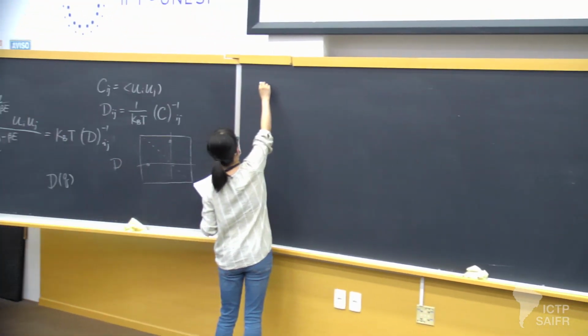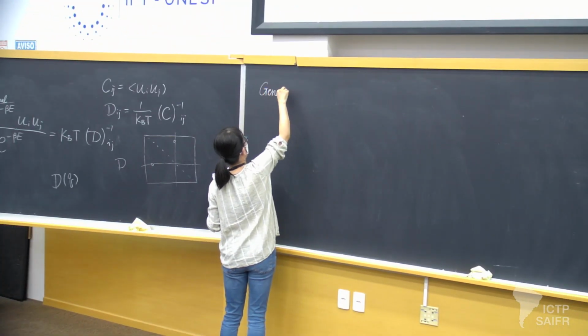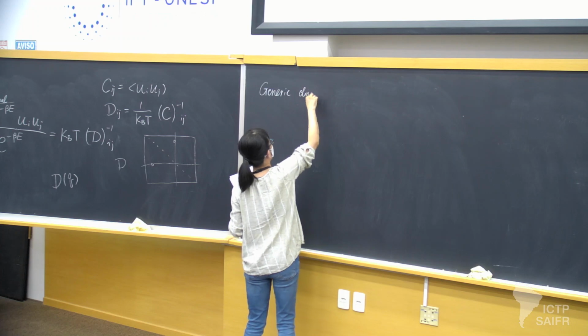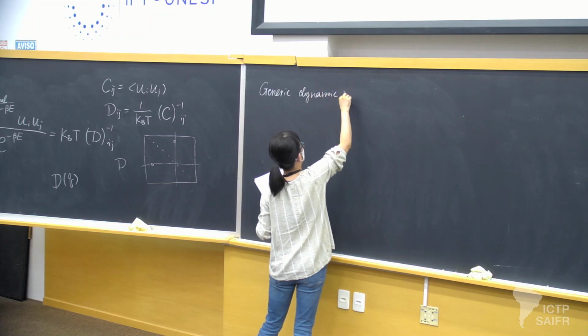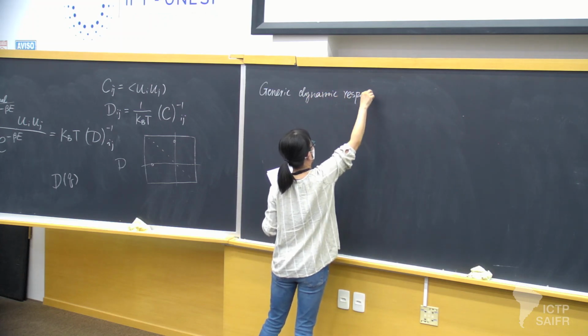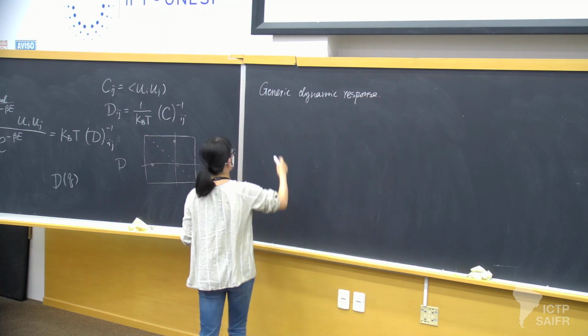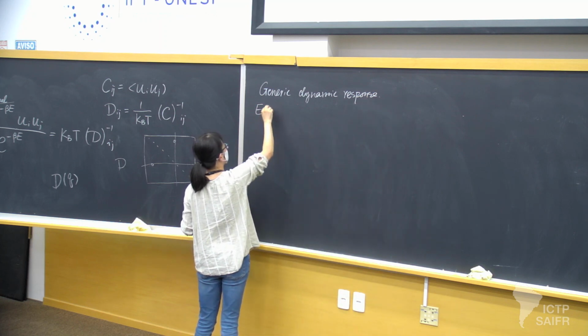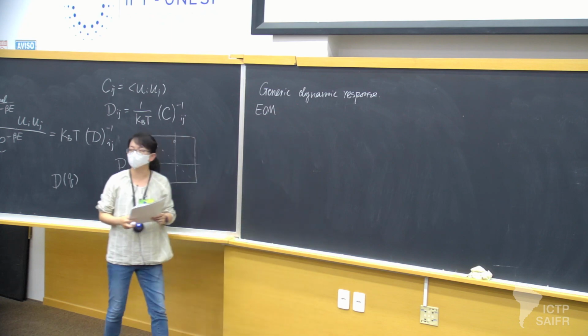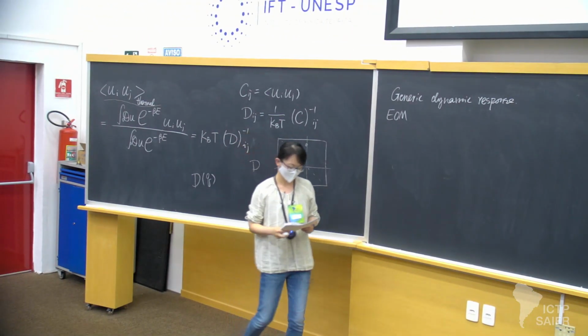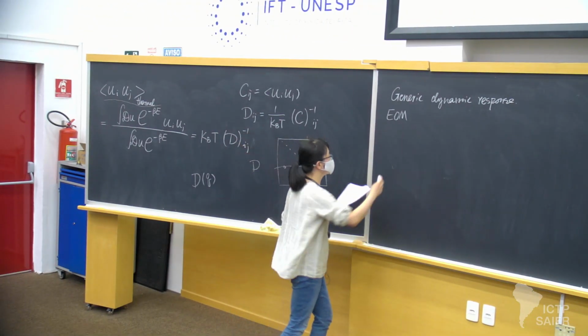So if I want to write a generic dynamic response, let's start from the equation of motion, which I think you all know how to write.